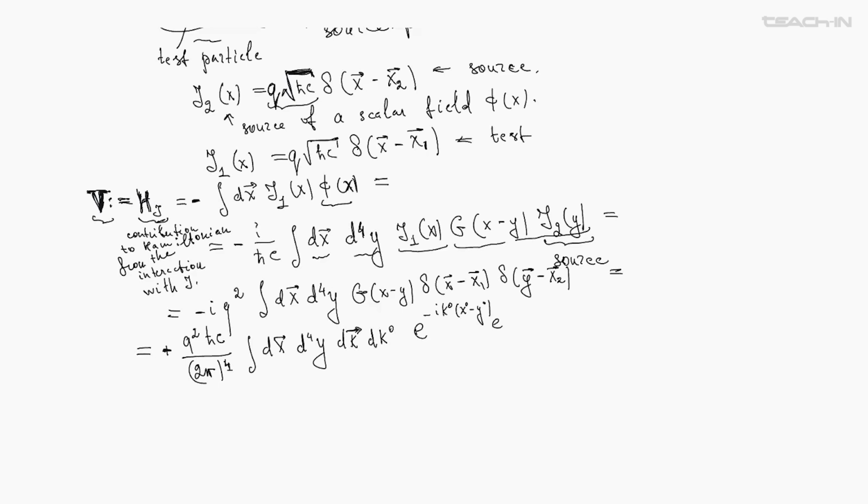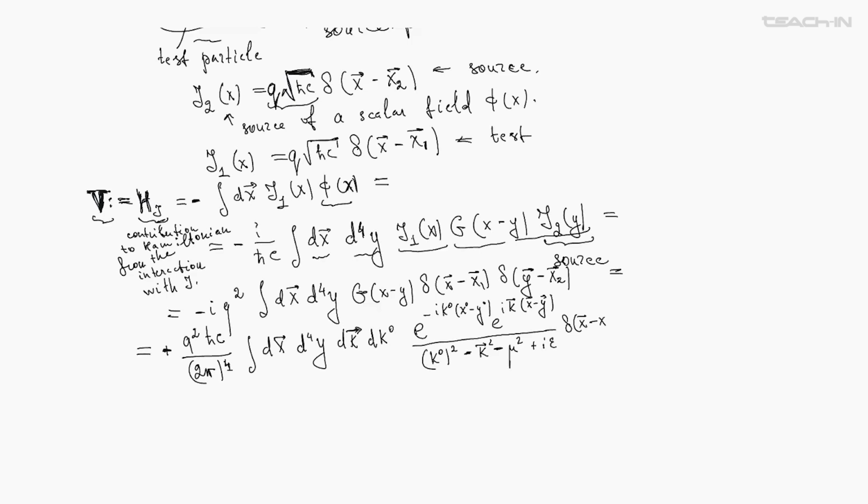In the denominator, our famous expression k0 squared minus k squared minus mu squared plus i epsilon, and then these two delta functions, x minus x1, y minus x2.